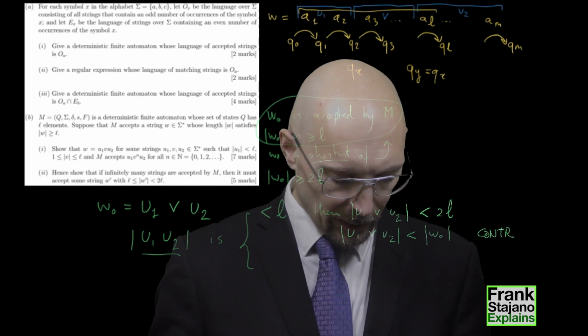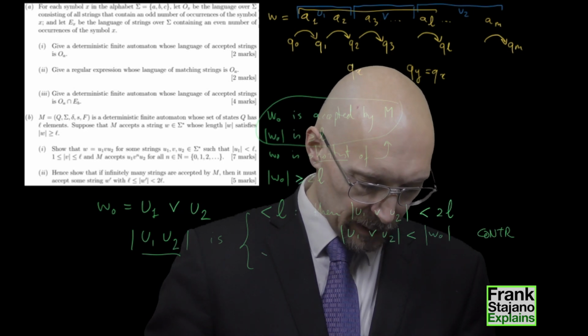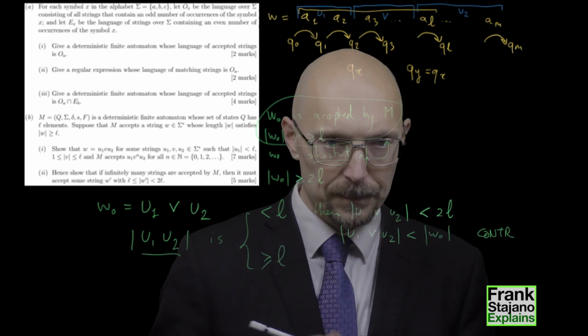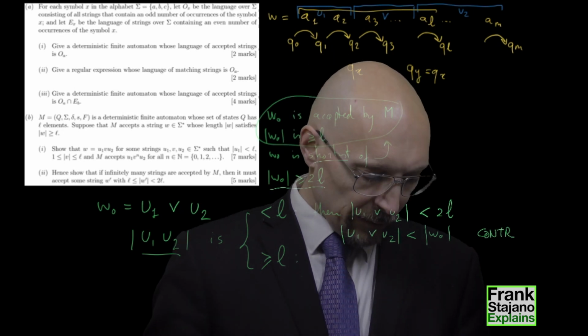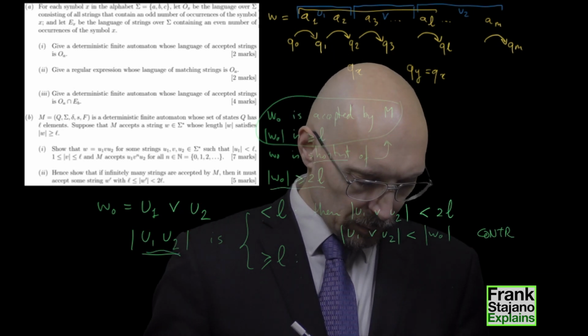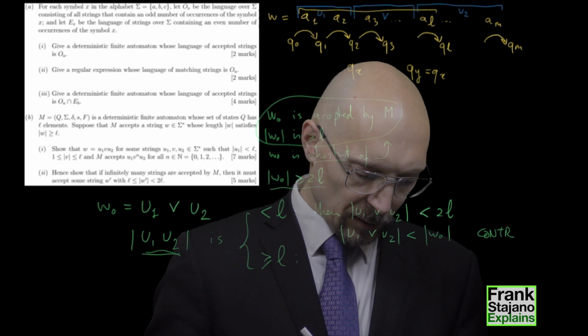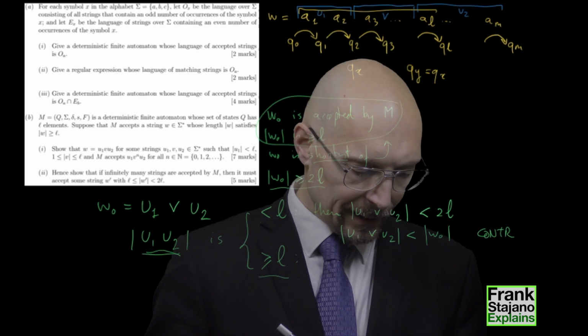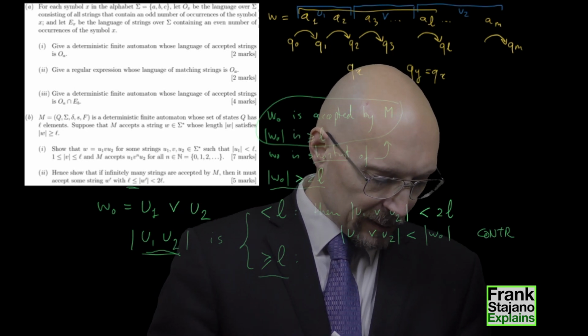So this case cannot happen. So in this case, U1 U2 must be greater than or equal to L. Now, if U1 U2 is of length at least L, then it matches this part.